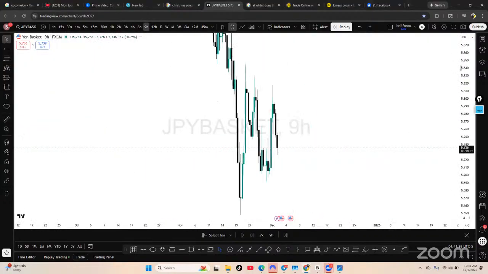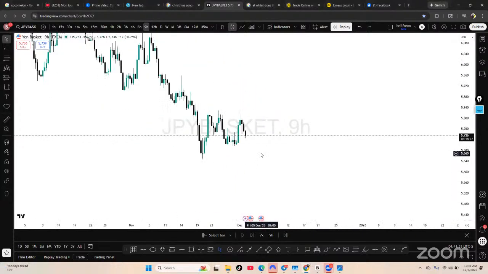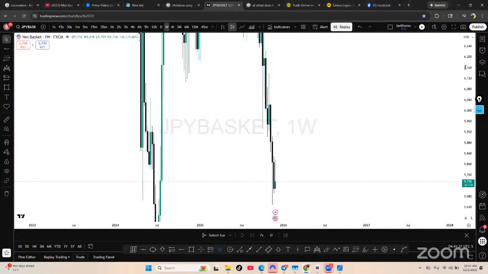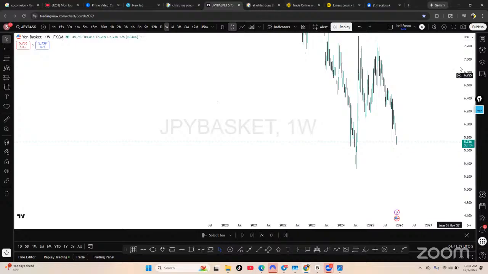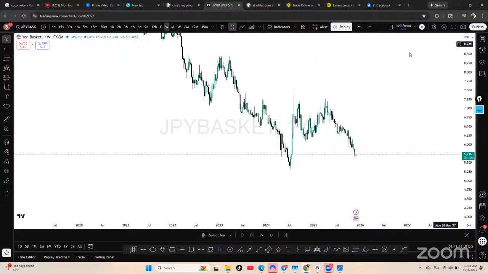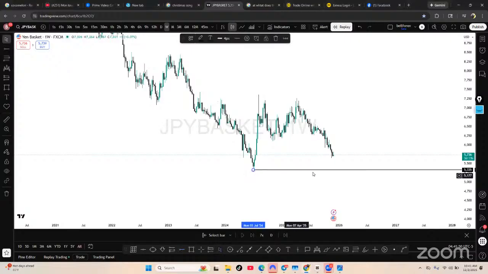So while waiting to see what is going to be happening on the other side, the yen basket is worth checking now. The yen basket has always been falling all this while. There has always been a downtrend. The yen is always getting weak, weak, weak. And the long-term target for the yen basket is even here.